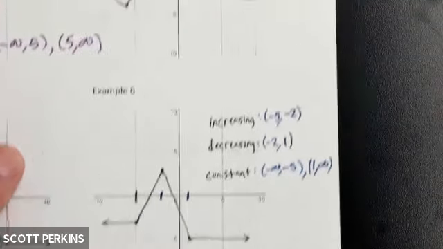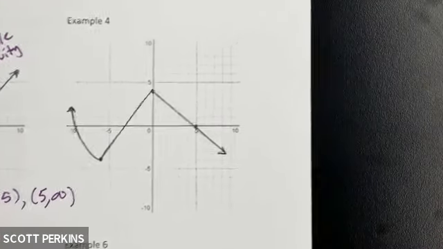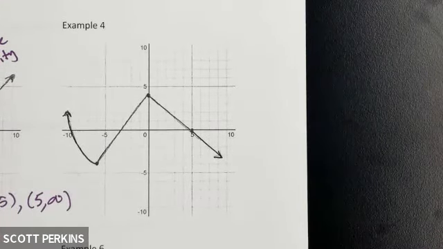All right, we're going to slide up to example 4 then. Do the same thing, please. Where is this increasing, decreasing, or constant?